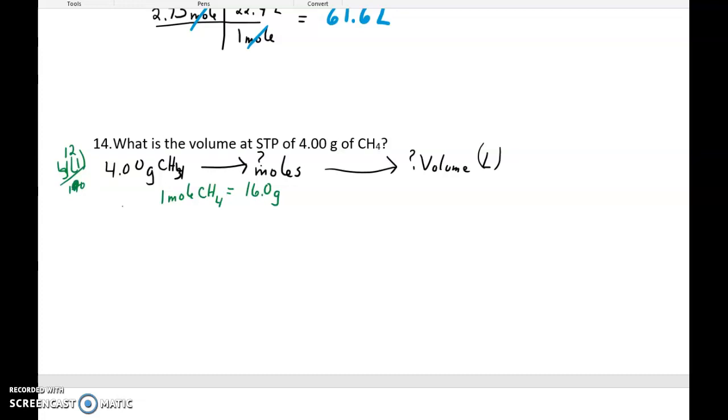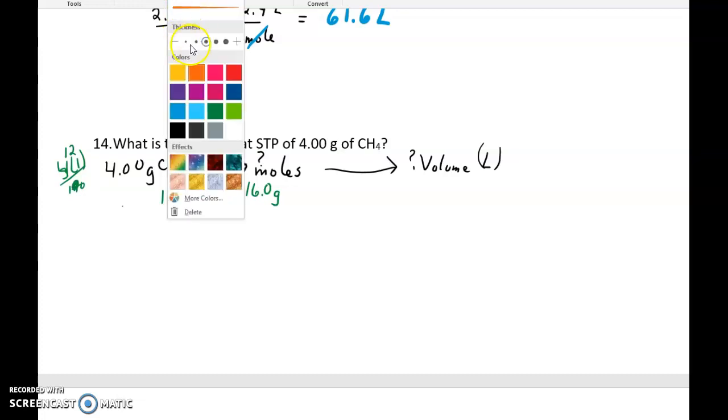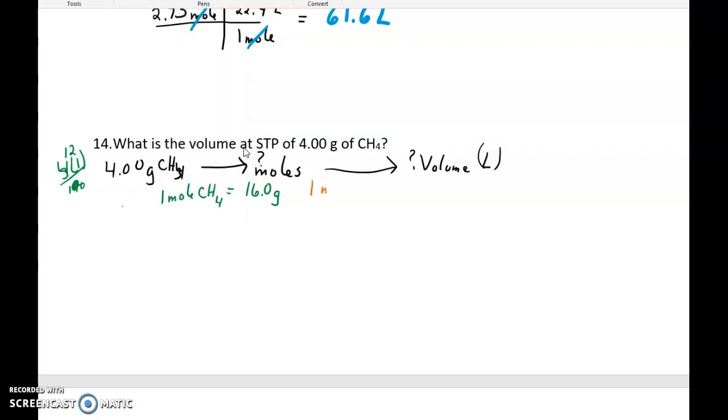All right, and we'll do our second conversion. We're going to be going from moles to liters. And 1 mole at STP will be 22.4 liters. So now we've got 2 conversions to do that will get us to volume.